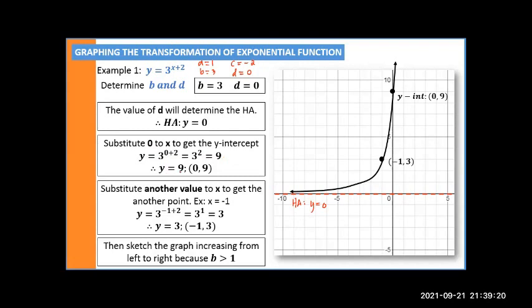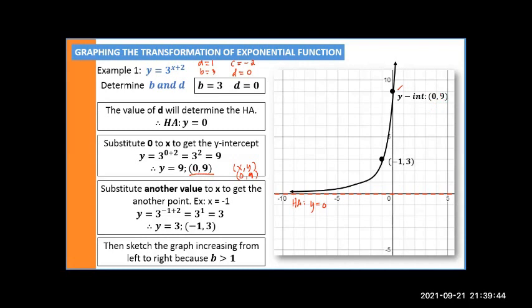So, that is the value of y. So, ibig sabihin ang coordinate ng y-intercept natin ay 0, 9. Kasi di ba we have x, y. So, this is 0, this is 9. Ayan yung y-intercept natin. Y-intercept is at 0, positive 9.